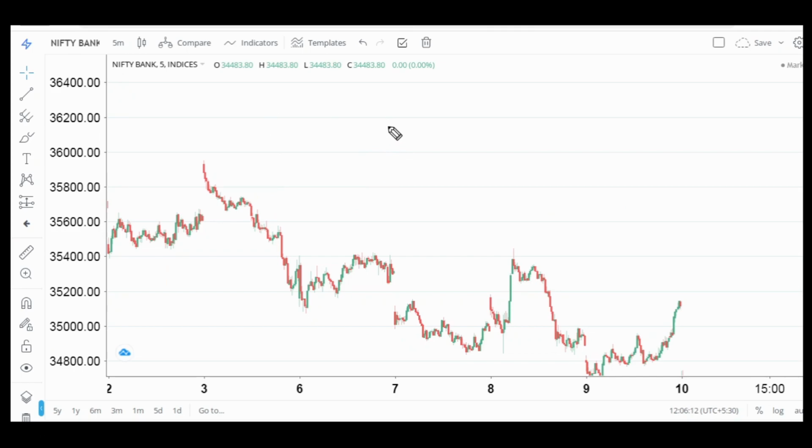Before we know the strategy, let's decode the full form of ARK-A, as many were asking what's the meaning of ARK-A, why I gave the strategy this name. So as everyone knows, in trading we want to have less risk and more reward.